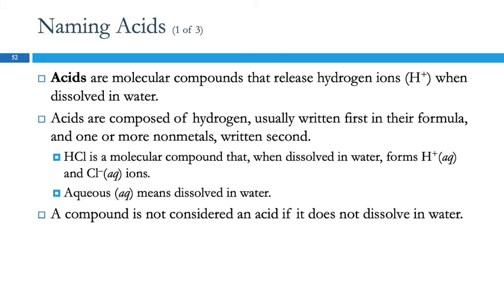So you can split hairs and say that if it's HCl gas, we should name it as a molecular compound, and if it's HCl aqueous, we should name it as an acid. I want you to name anything that starts with H as an acid. Okay?